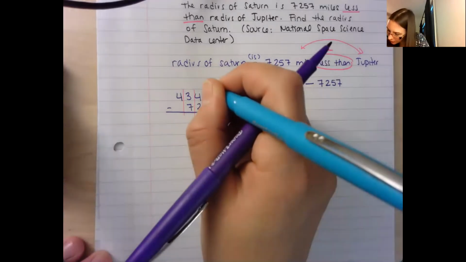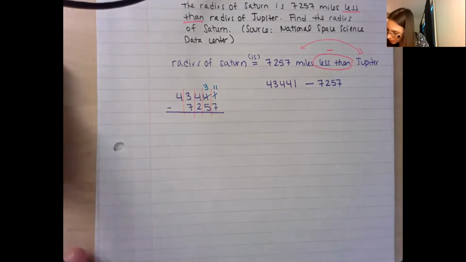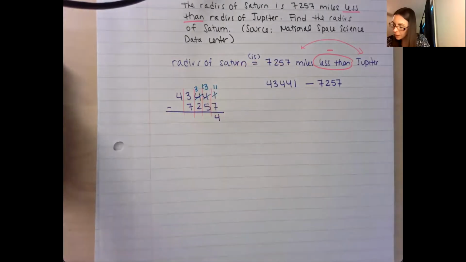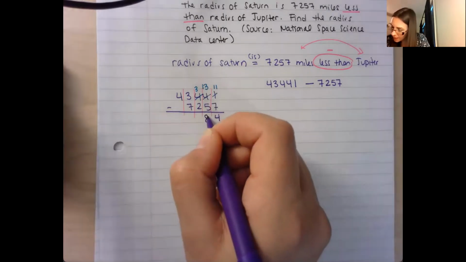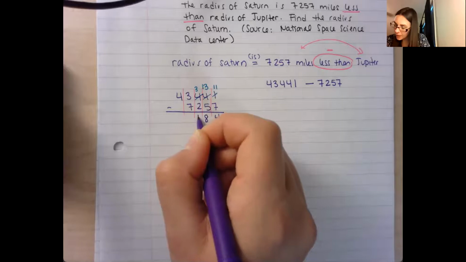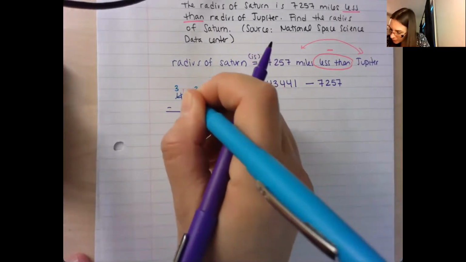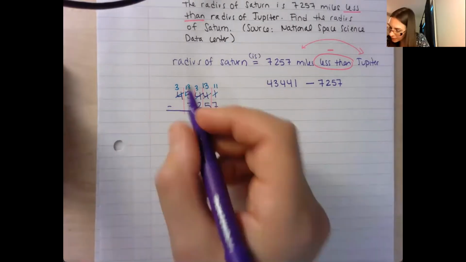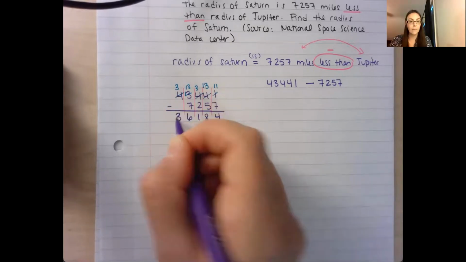I make the 4 a 3, and the 1 becomes an 11. 11 minus 7 is 4. Now I cannot do 3 minus 5, so again I have to borrow. That 3 becomes 13. 13 minus 5 is 8. 3 minus 2 I can do, that's 1. Again, I cannot do 3 minus 7, so I borrow to make this a 13. 13 minus 7 is 6. And then here you could put a 0 if you would like, and I just have a 3.